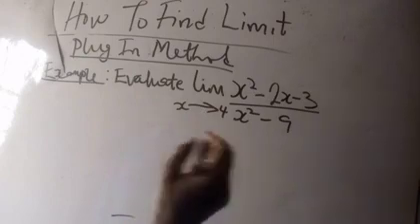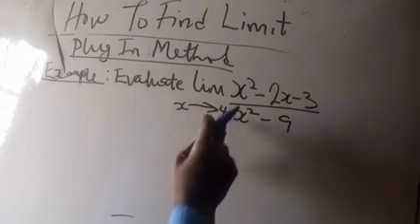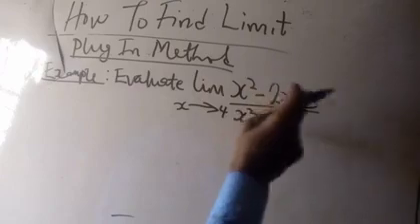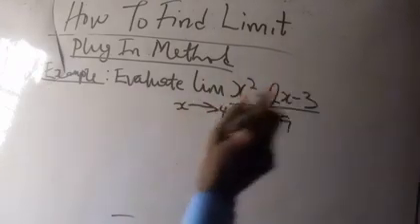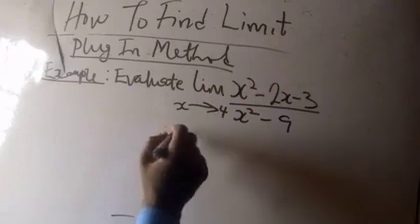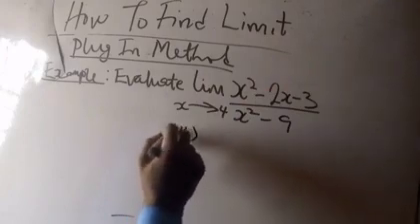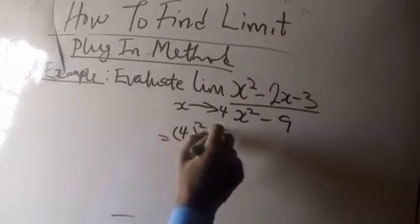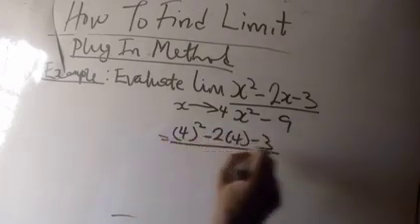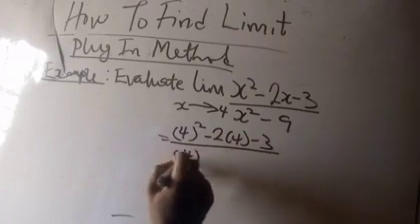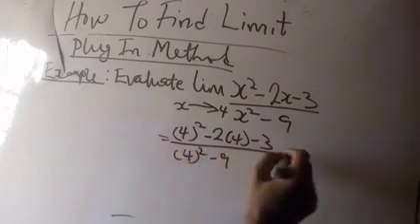So what do we do? We substitute 4 for x in the function given to us. 4 squared minus 2 times 4 minus 3, divided by 4 squared minus 9.